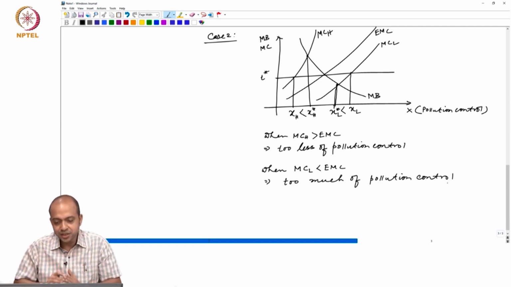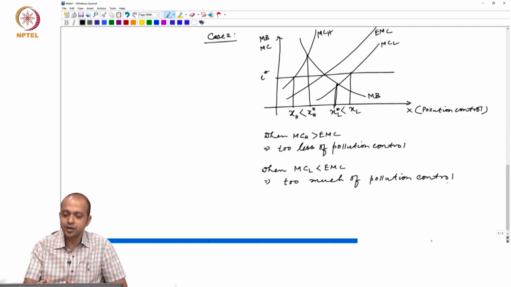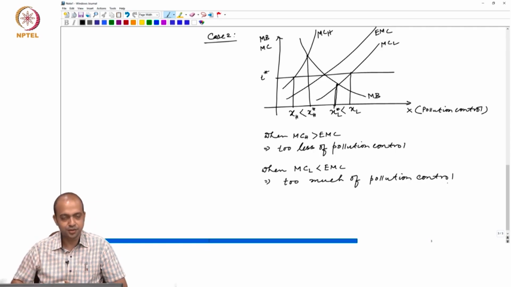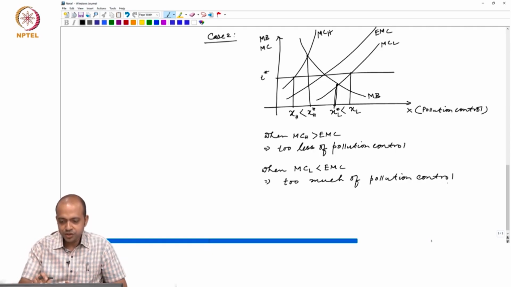So, one thing is clear: there is a divergence between private optima and social optima in both cases, when MC is higher than EMC and when MC is lower than EMC.